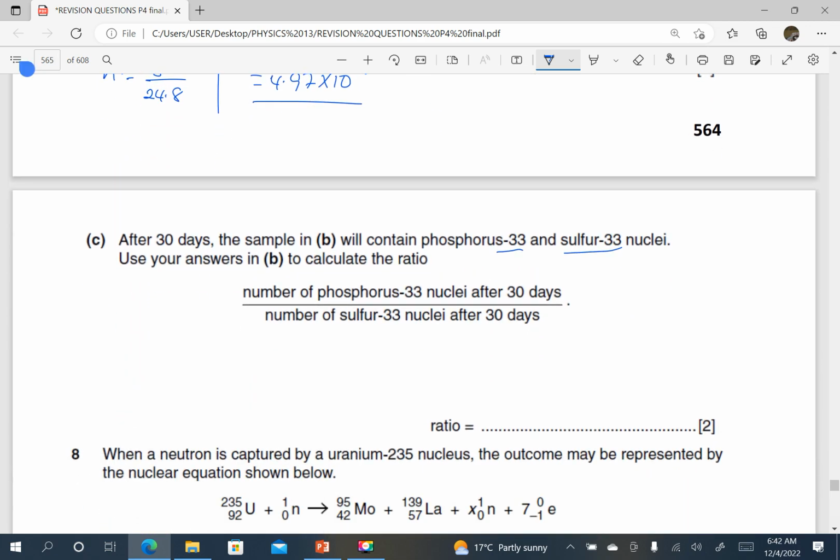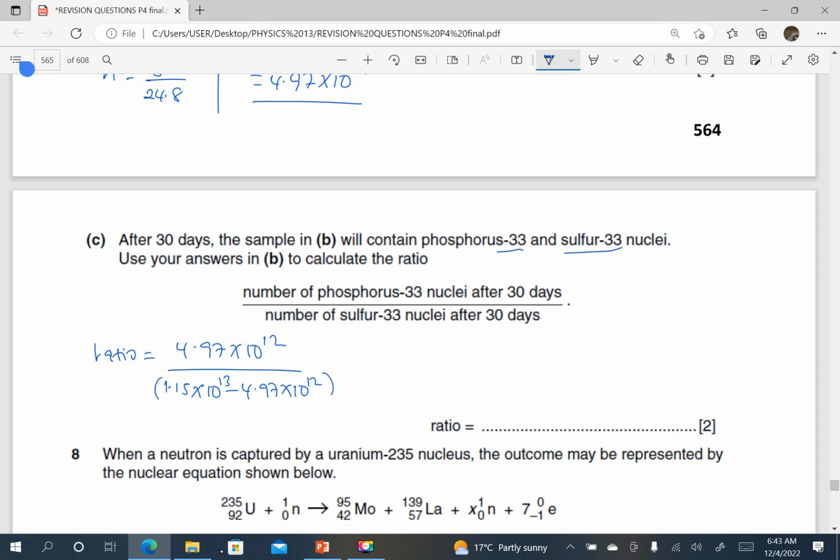So we want the ratio, number of phosphorus after 30 days over number of sulfur after 30 days. That is an easy question. So the ratio is going to be equal to number of phosphorus after 30 days, 4.97 times 10 power 12. Number of sulfur after 30 days is actually the original number of phosphorus, 1.15 times 10 power 13, minus the current number of phosphorus, which is 4.97 times 10 power 12.